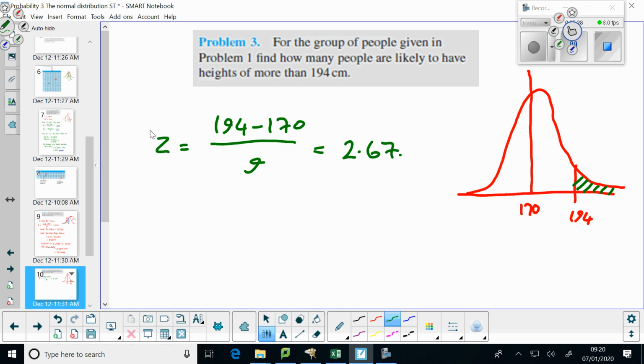Yeah. From table, probability equals 0.4962.